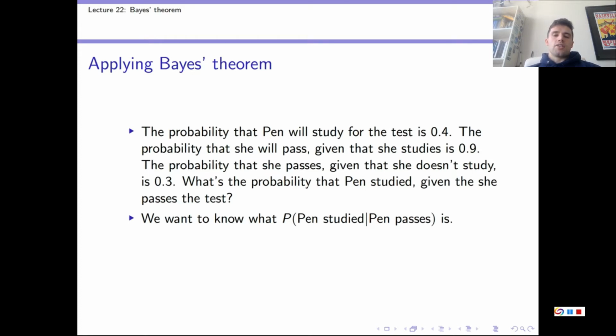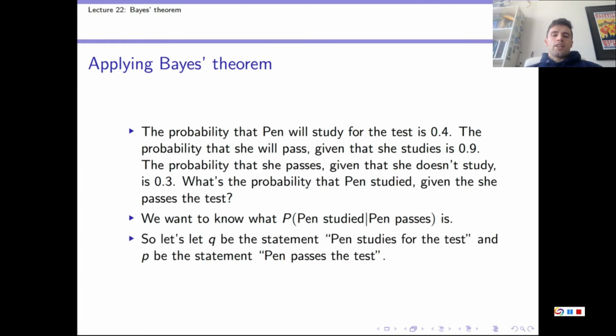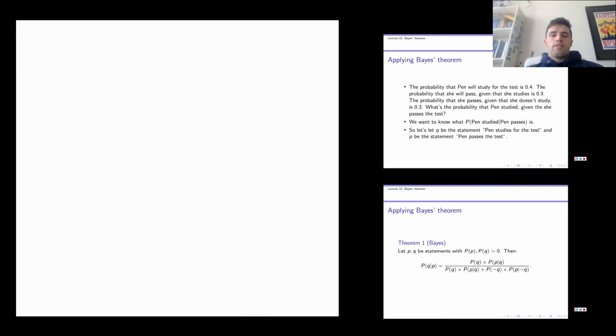If we compare this to the theorem, we're letting Q be the statement Pen studies for the test and P be the statement Pen passes the test. And using the theorem, we can see what we need on the right-hand side to calculate the probability of interest. The first thing we need is P of Q, which in our context is the probability that Pen studies for the test.